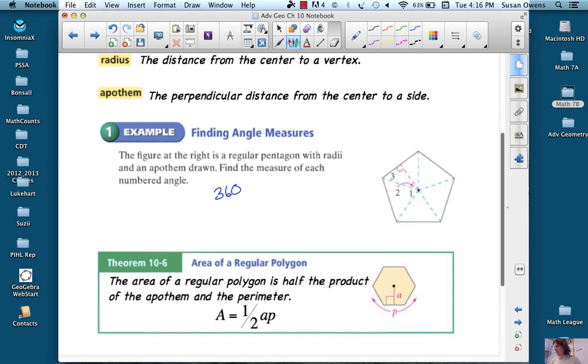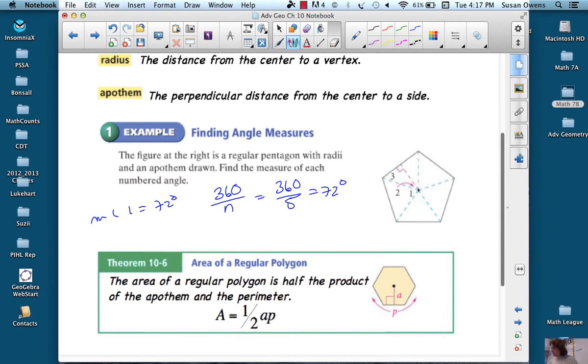So if we take 360 and divide by the number of sides, then we can find the angle measure of each central angle. This is a pentagon, so 360 divided by 5 is 72. Angle 1 is the central angle, so the measure of angle 1 is 72 degrees.